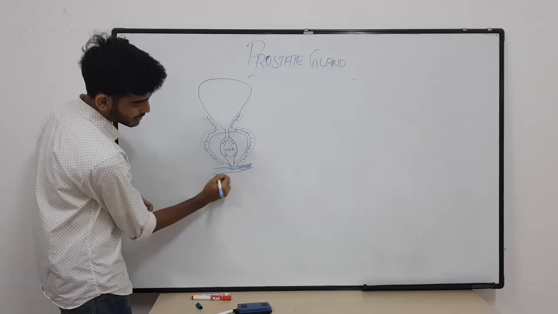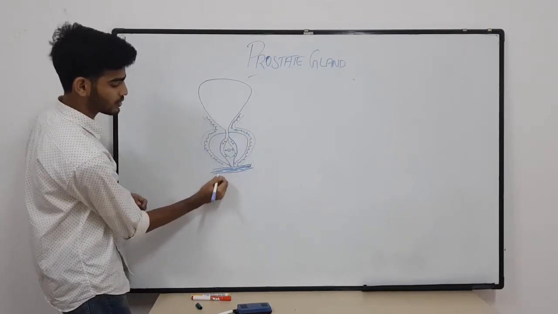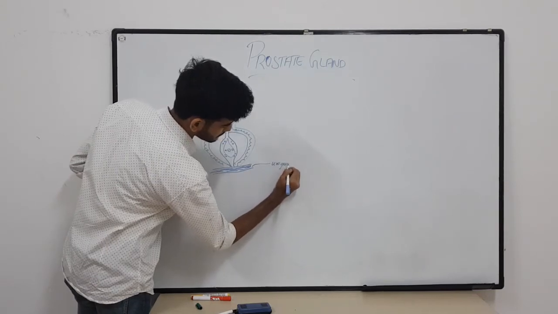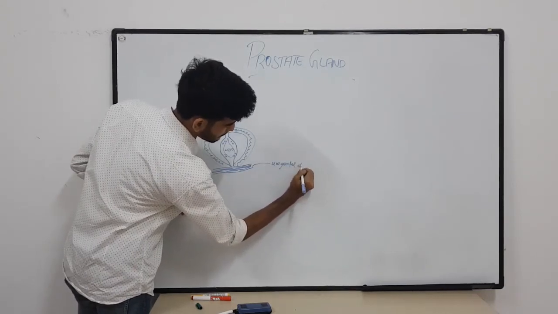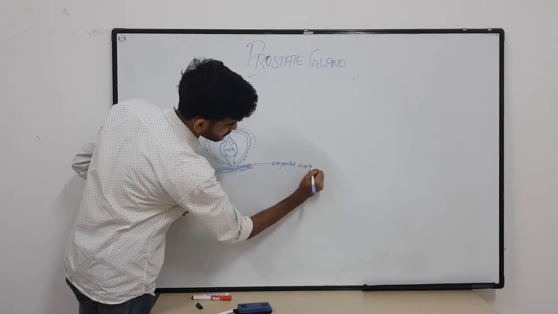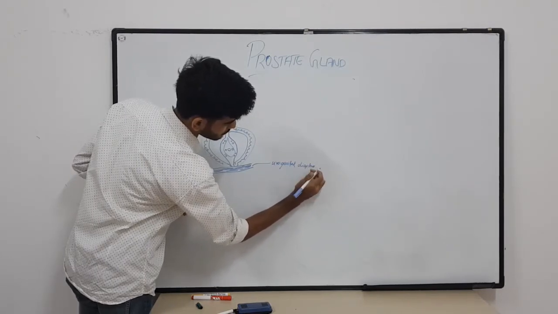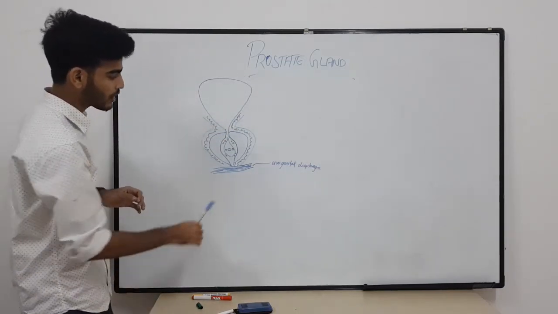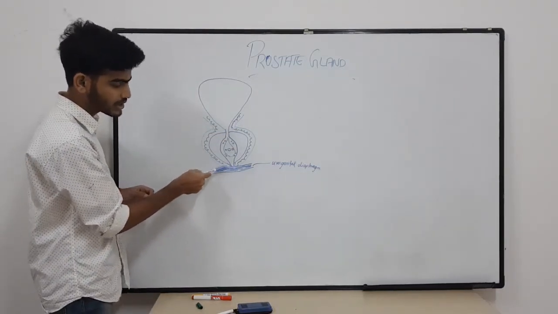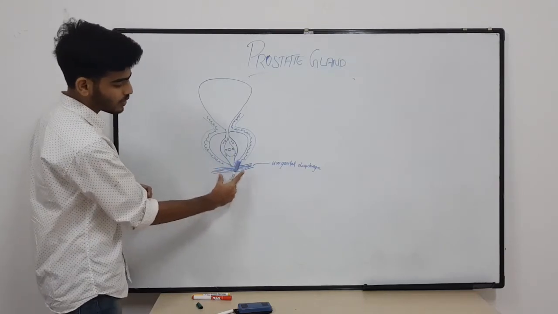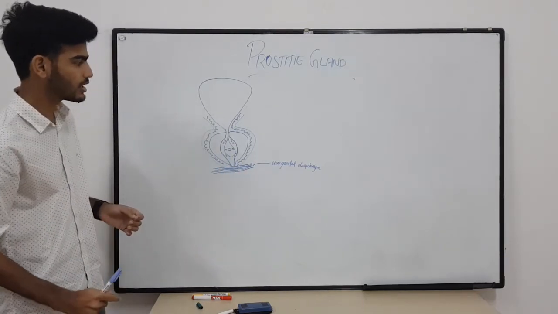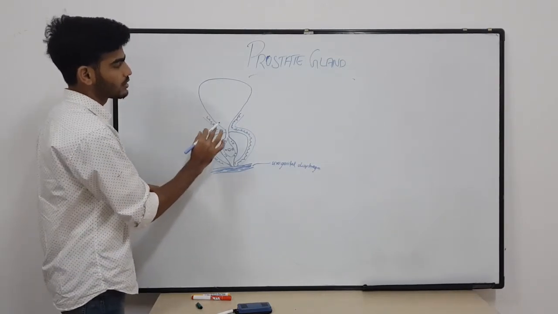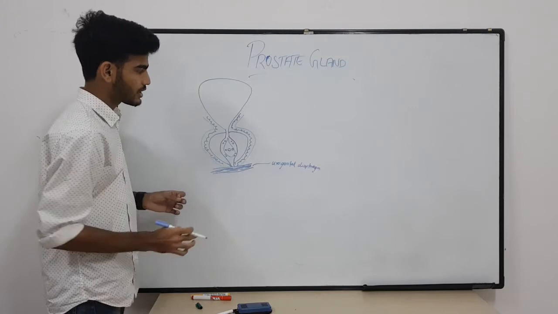This is the urogenital diaphragm, and the apex is directed downward and resting on its superior surface.